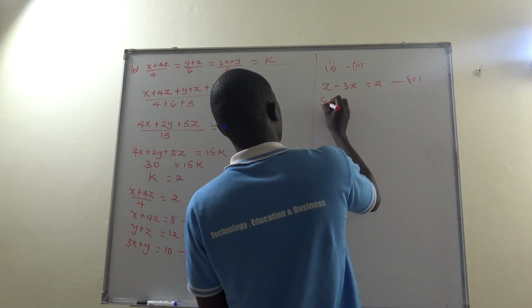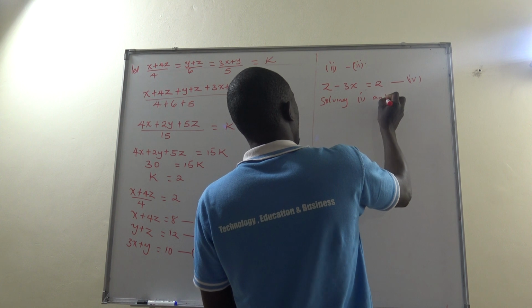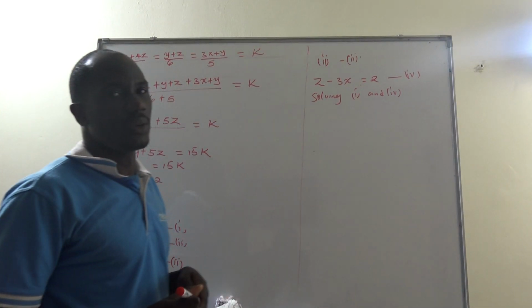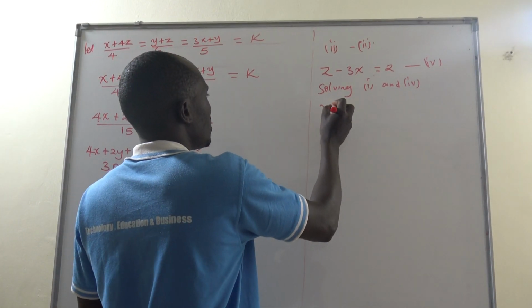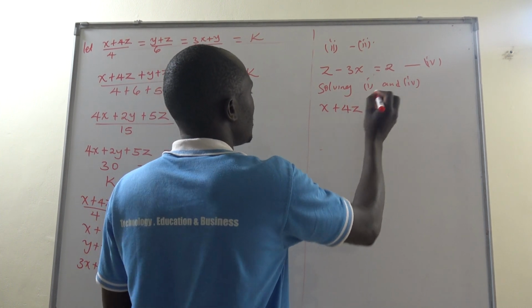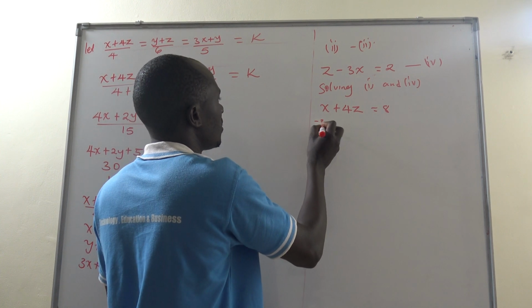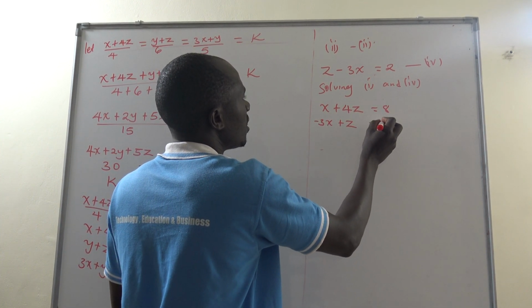Then you will say, solving Roman 1 and Roman 4 simultaneously. What was Roman 1 talking about? Roman 1 is saying x plus 4z equals 8. And what is Roman 4 talking about? It is negative 3x plus z equals 2.